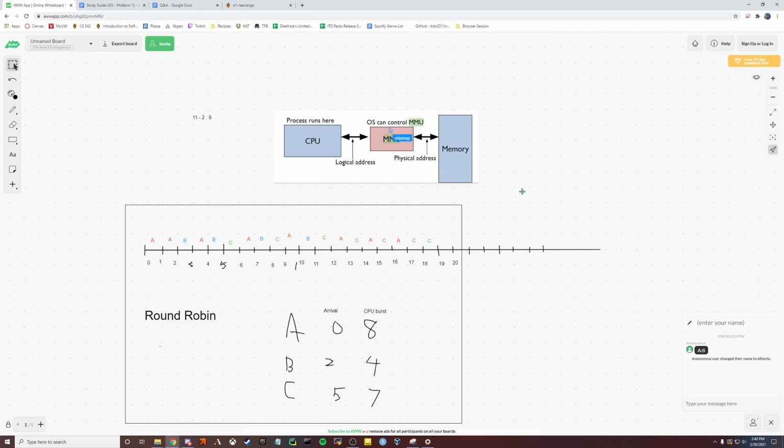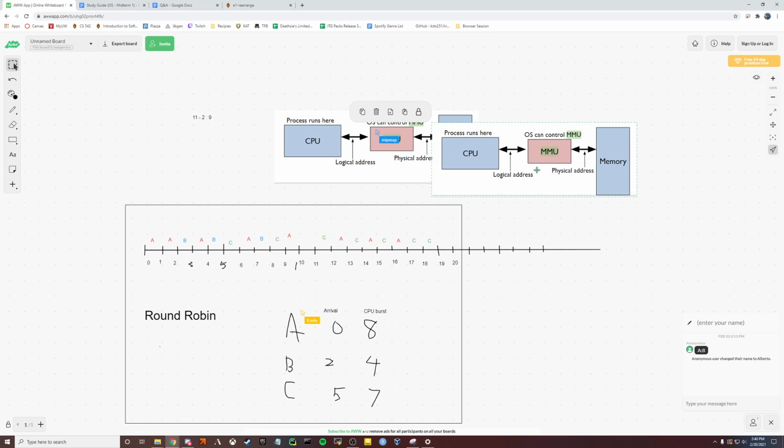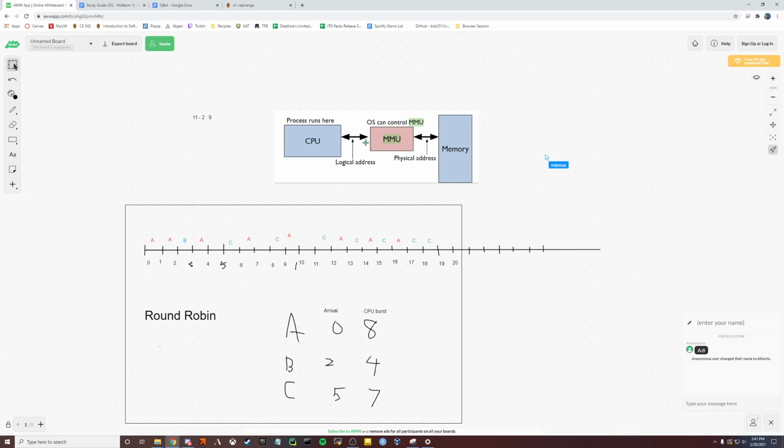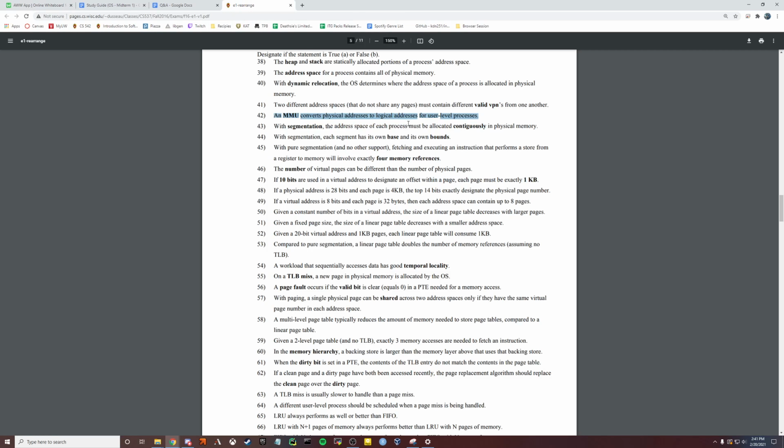I don't know, because they seem bi-directional, so it seems like it could do both to me, right? I think the point is though for user level processes. So a user level process is only ever going to feed it a logical address. So yeah, I think that's the correct reading of the question. It's kind of evilly worded.